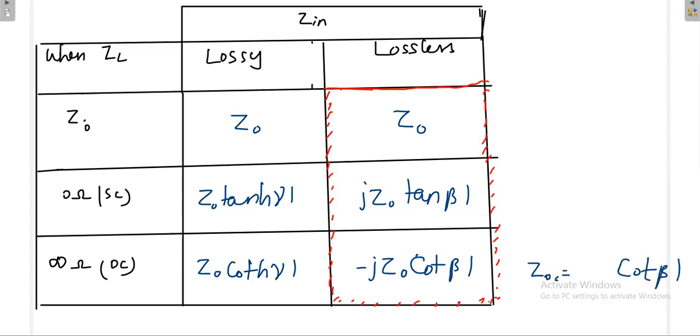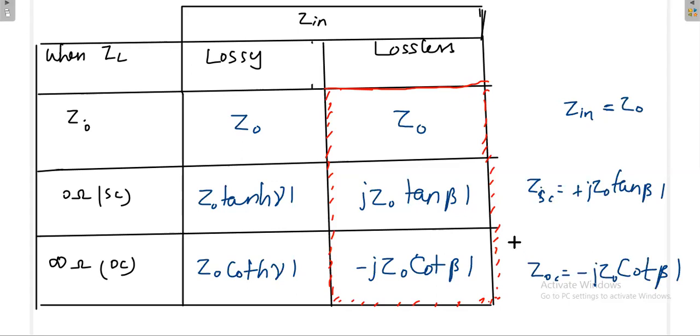Whenever cot comes, you put minus j Z0. Or otherwise, the opposite format: instead of cot you get tan βL, and instead of minus j Z0 you get plus j Z0. So simply you can remember this. And this one is very easy: it is always Z0 only. If the load is terminated with Z0, then the input impedance is always Z0. So this is a simple way to remember these formulas.